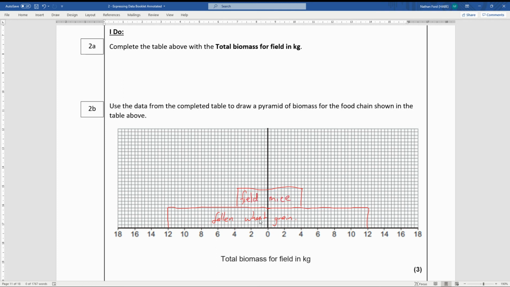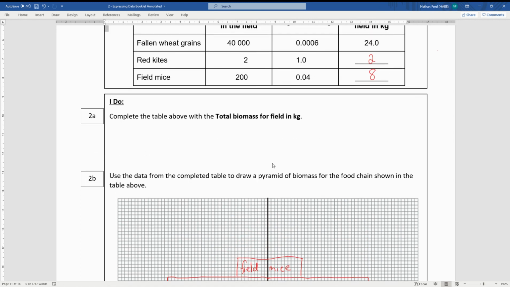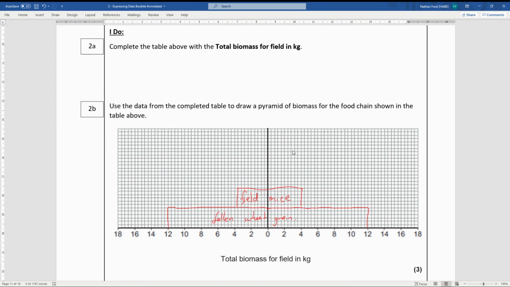And then on top of that, here we need to draw two. So we've got red kites. If you have a look, you'll notice that gap represents 2. So halfway, since it's 1, 2, 3, 4, 5, halfway, which is there, would be 1. So I want to go from this line, which is 1, to this line, which is the other one.